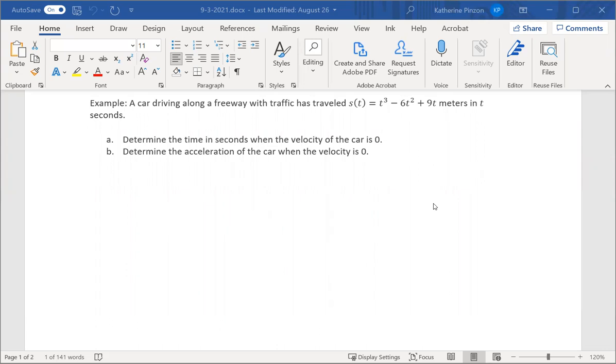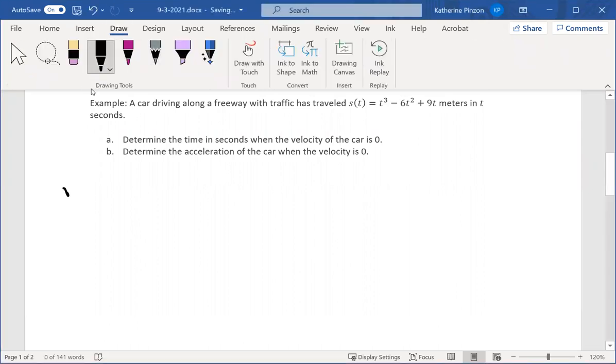If you know the position of a car, how do you find its velocity? Take the derivative. If you know the position of a car, how do you find its acceleration? Take the second derivative, right? The derivative of the velocity. Okay, so I'm going to start by finding the velocity. Velocity is the derivative.